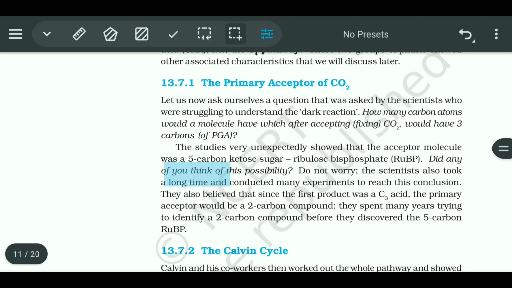Did any of you think of this possibility? Do not worry, the scientists also took a long time and conducted many experiments to reach this conclusion. They also believed that since the first product was a C4 acid, the primary acceptor would be a 2-carbon compound. They spent many years trying to identify a 2-carbon compound before they discovered the 5-carbon RuBP.